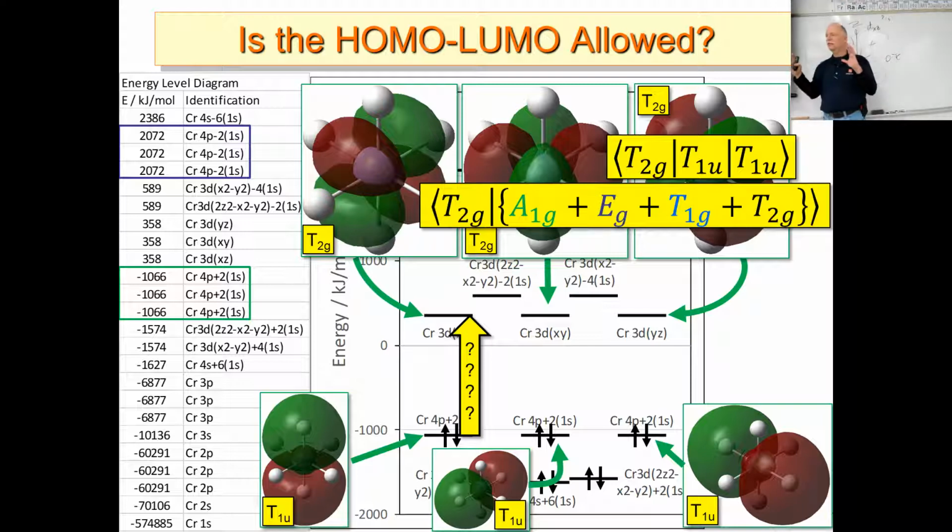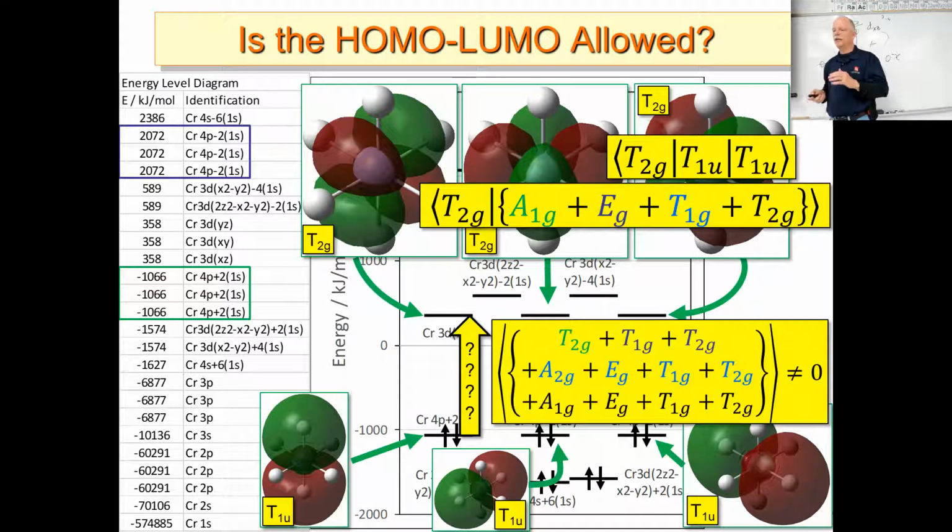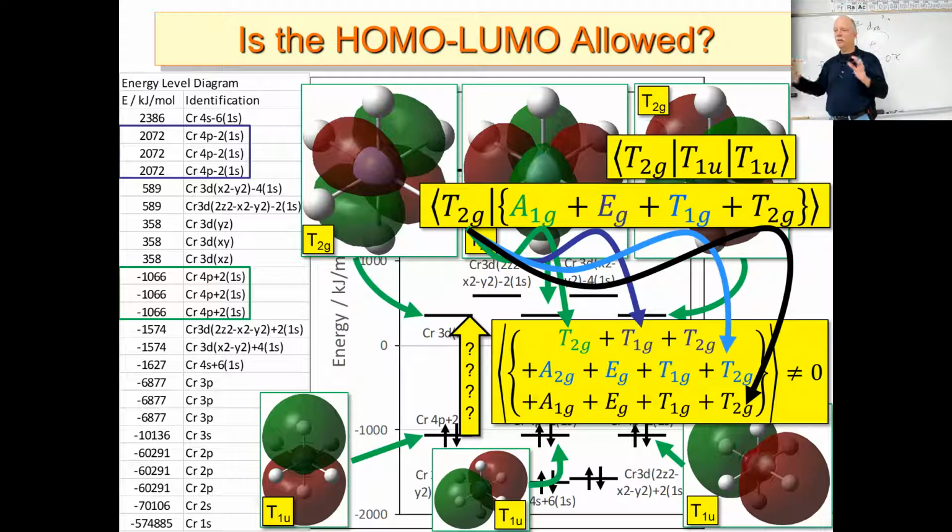T1u times T1u gives A1g plus Eg plus T1g plus T2g. And so T2g times the A1g gives T2g. Then times the Eg gives the dark blue set, the next two terms. And then times the light blue T1g gives the light blue set, so there's four terms to that one. And then the black to black gives the black set at the bottom.